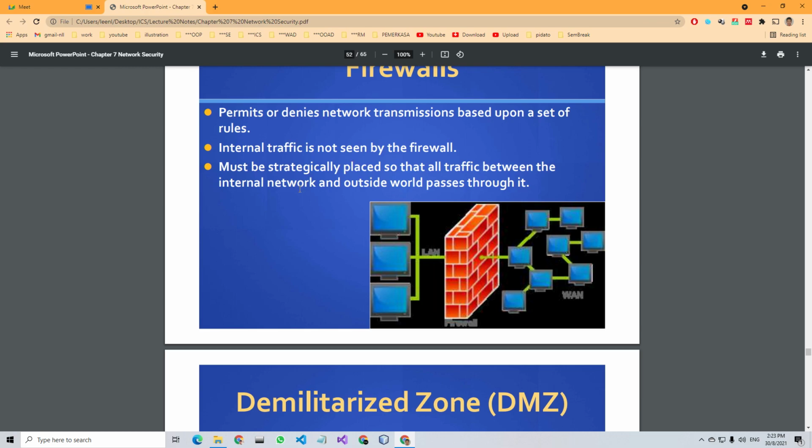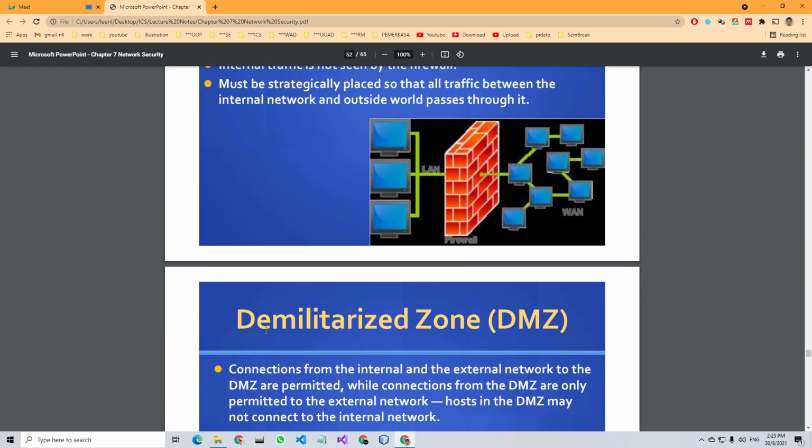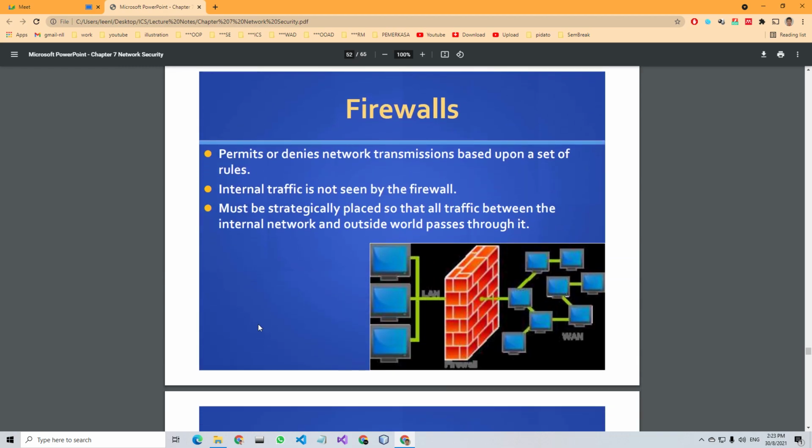So this firewall hardware can help to protect the network by filtering out and blocking outsiders who are trying to access the network unauthorizedly.